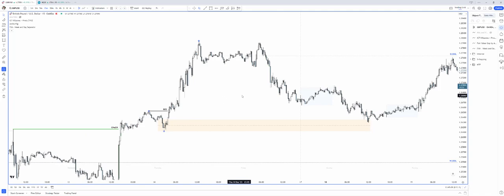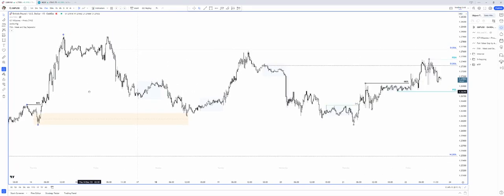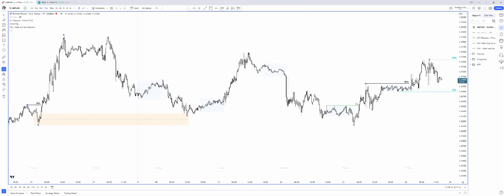And since then, it's 1, 2, 3, 4, 5, and 6. It's the sixth day. The market is inside of this one.